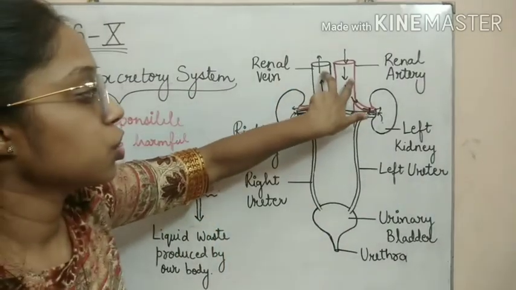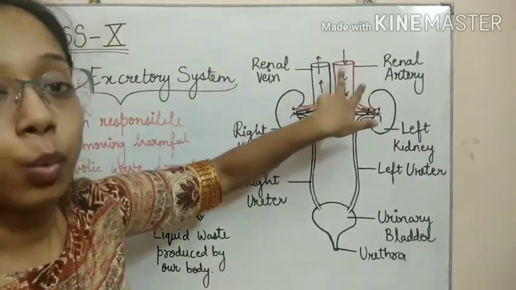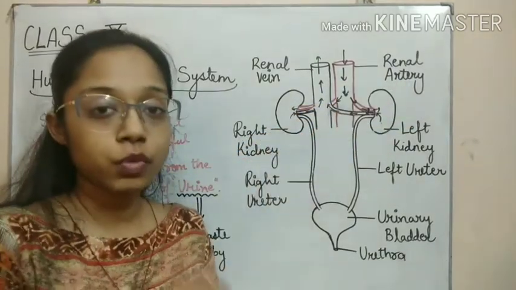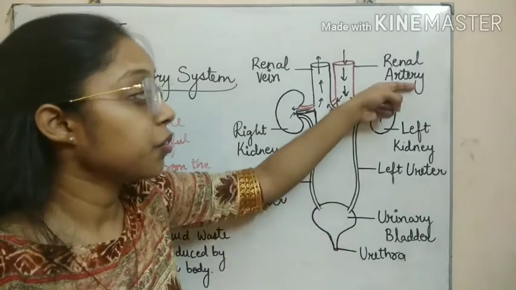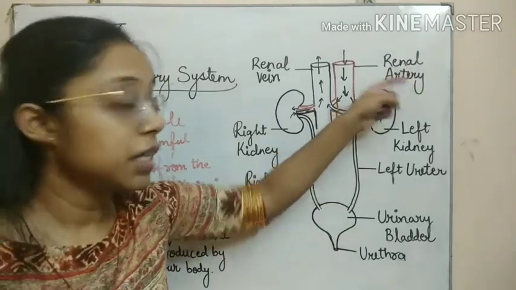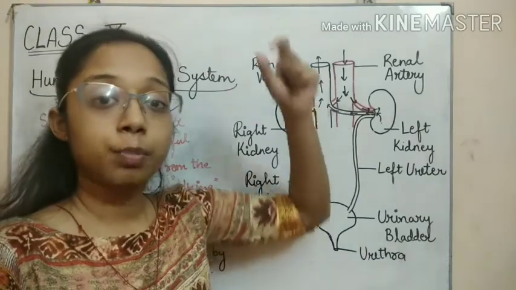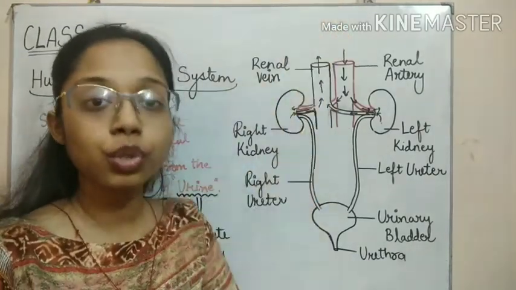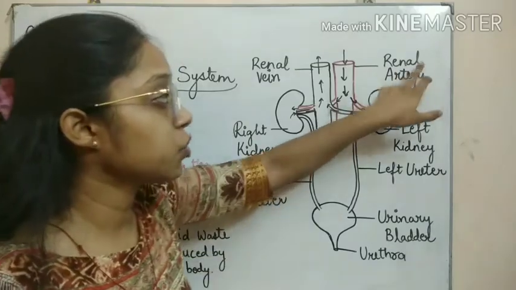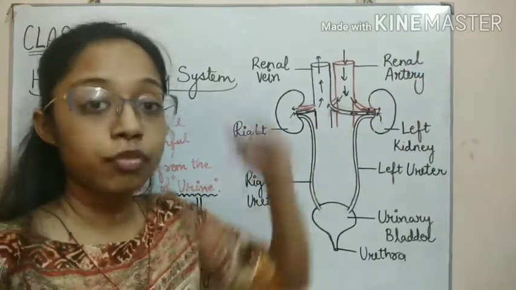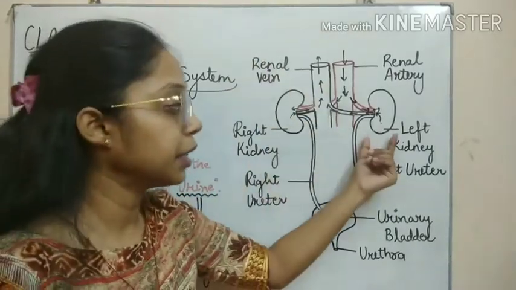Now these are two blood vessels. The red one is the renal artery. As we have already seen, an artery carries blood from the heart to the body parts. Now it is called renal because it is supplying the blood from the heart to the kidneys.